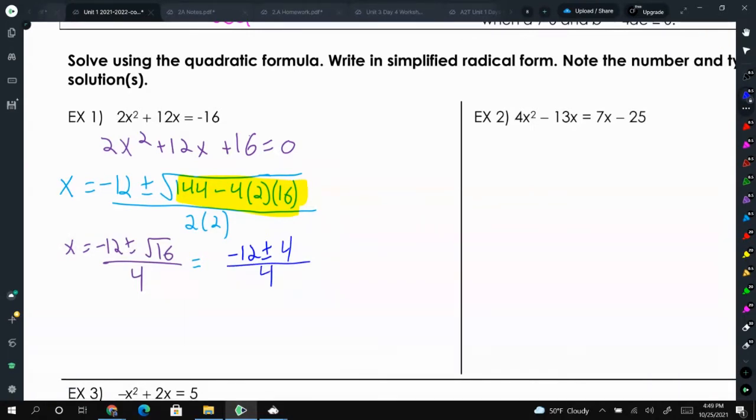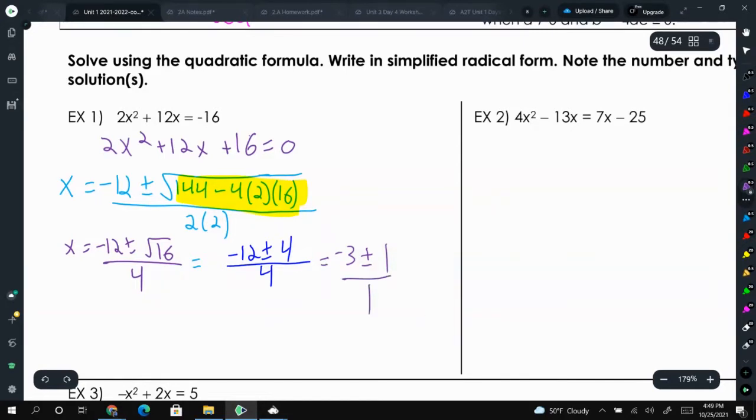Now, you can divide all of these by 4. Negative 12 is divisible by 4, and 4 is divisible by 4, and obviously 4 in the denominator is divisible by 4. So you can simplify this a little bit by saying negative 3 plus or minus 1. Technically, it'd be 1 over 1, but we don't need to write that.